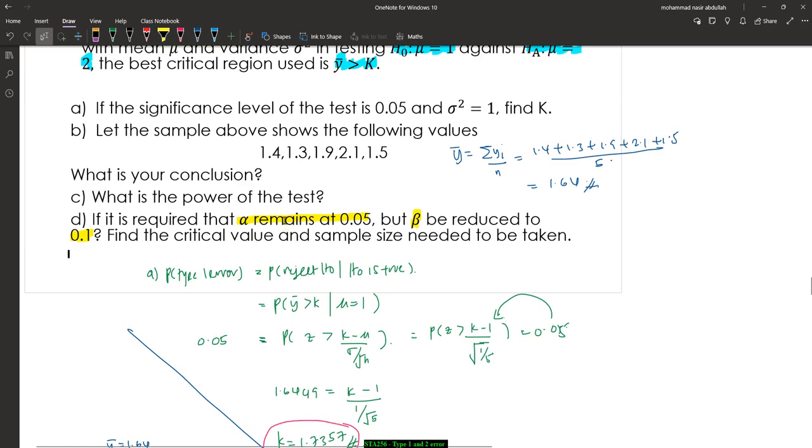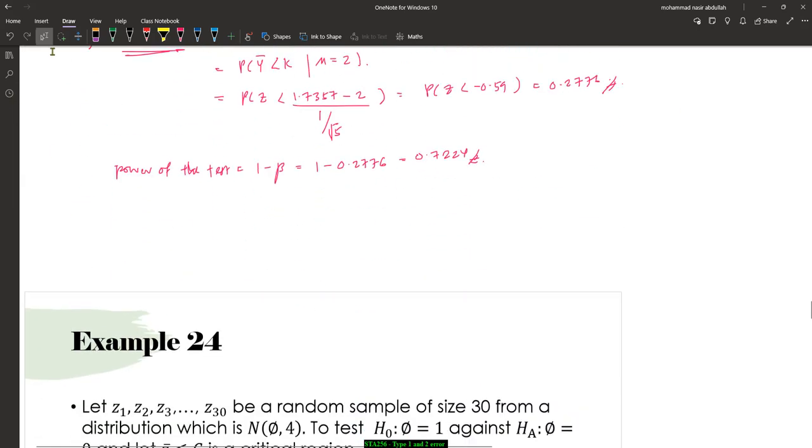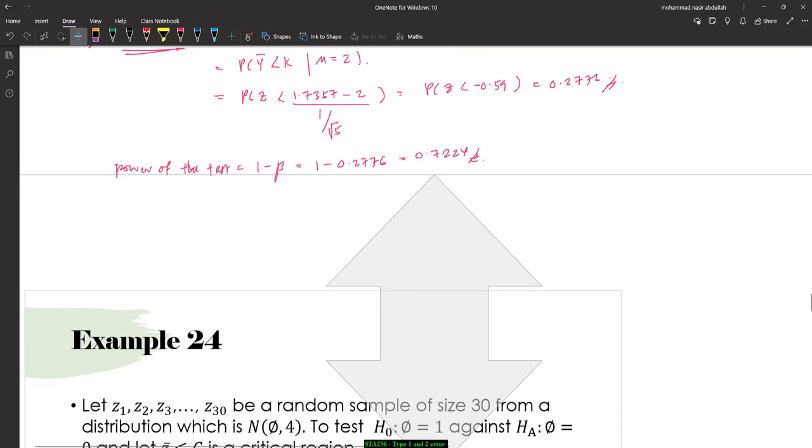We want to find a new critical value, and the sample size needed to make it happen, right? So how many sample size we want to take, and what is the new critical value, right? So this one should be bawah sikit.